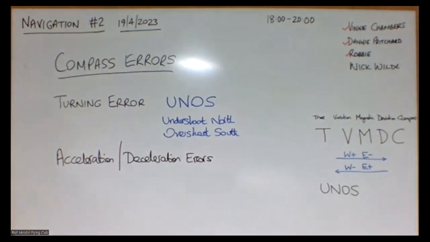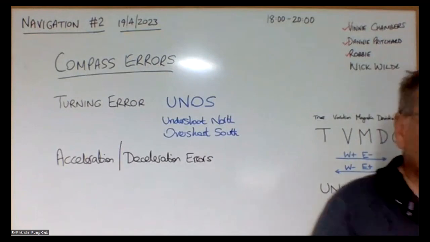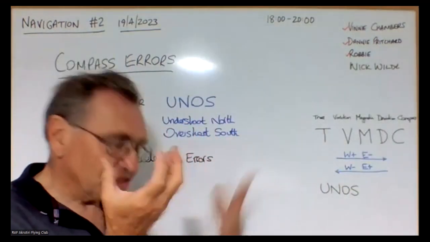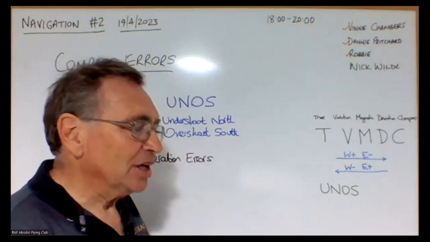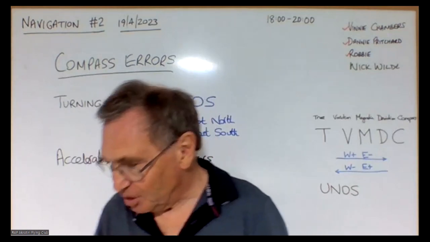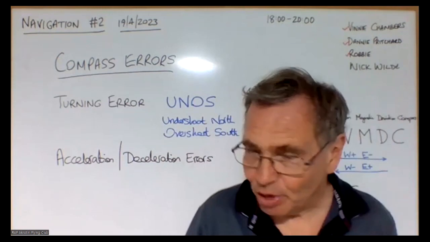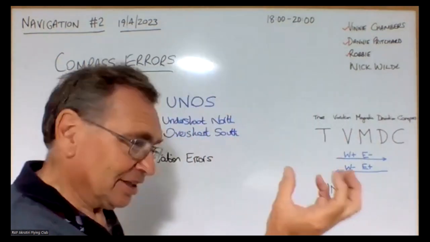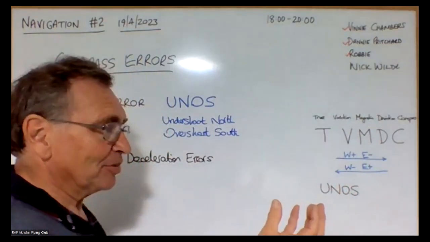Now, what an acceleration or deceleration error is, if I get a compass, and once again, this isn't an aeroplane problem. You get the same problem in a car, in a boat, on your push bike, or even just holding a compass in your hand and walking along with it. You get this problem.